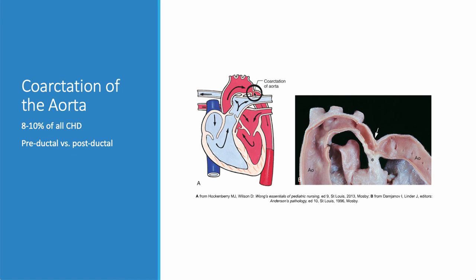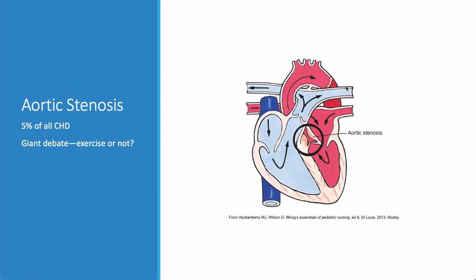So coarctation of the aorta, which again is associated with a secondary form of hypertension, can be either preductal, before the duct, the ductus arteriosus, or postductal. And that needs to be repaired in infancy in order for the child to grow normally.